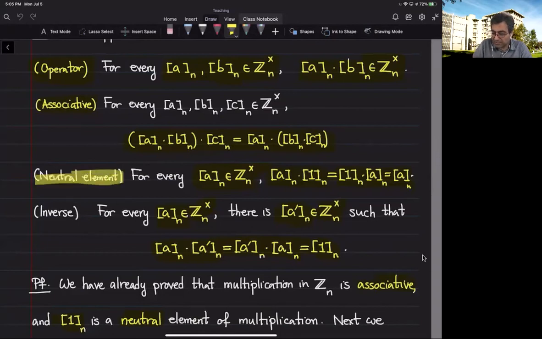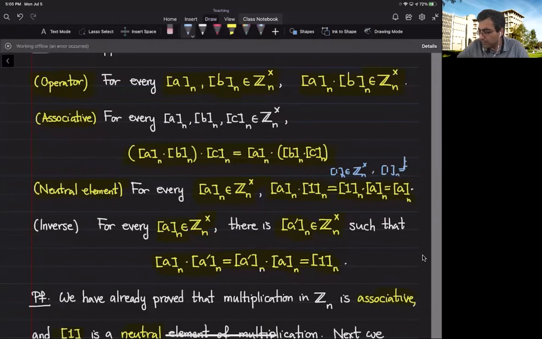This we have already discussed again. The only thing that we need to point out is that the residue class represented by 1 itself is a unit, because when I multiply it by itself, I get the residue class of 1, and therefore this is a unit itself.